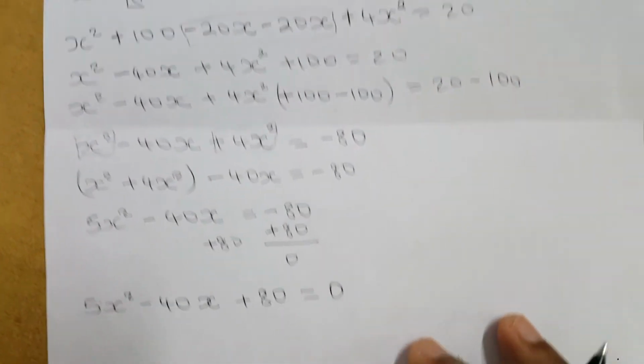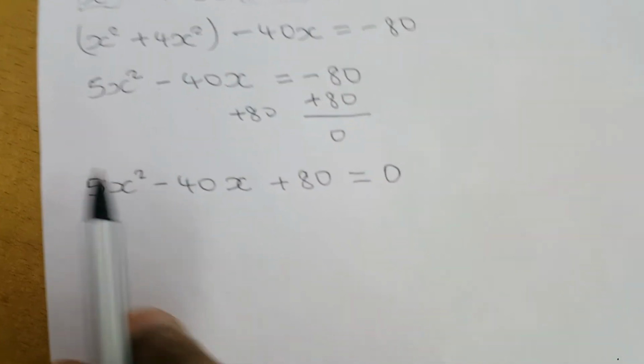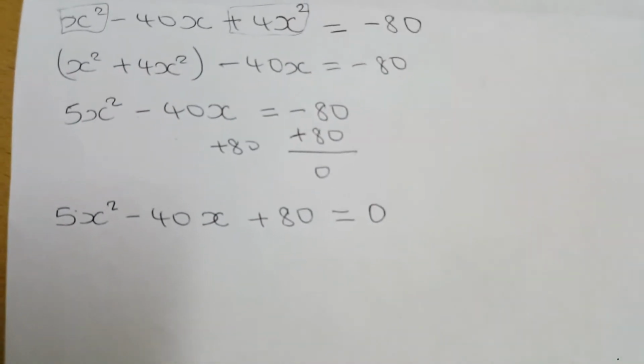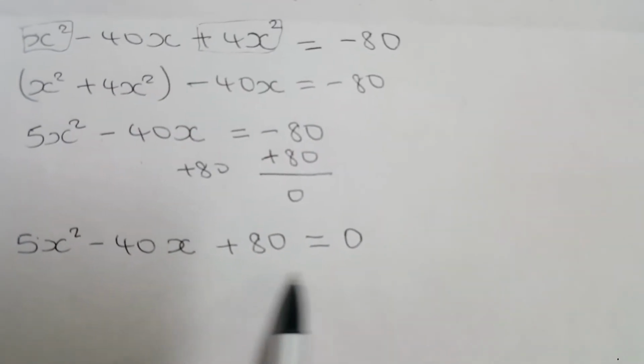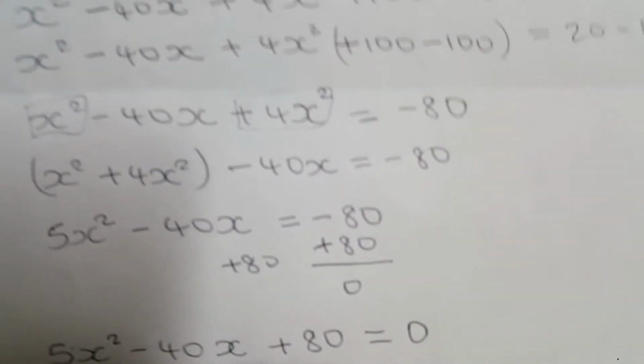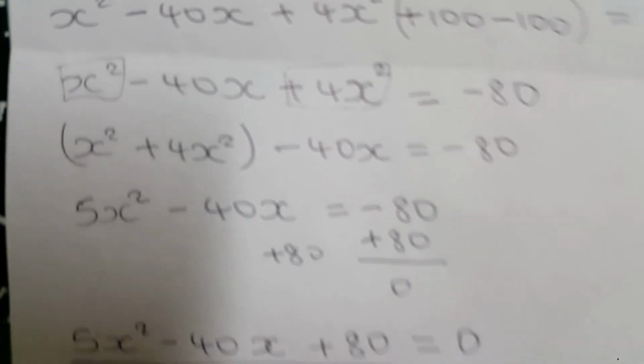So we're not yet finished. We still have something else to do. Once you're at this stage, usually we prefer when the x squared has a coefficient of 1. So try to simplify all the terms by 5, but you have to test to see if that's possible.